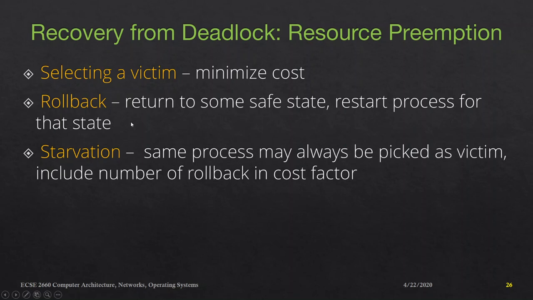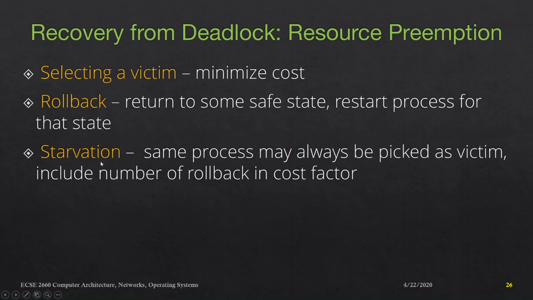Essentially, say we wanted R1, we got R1, we wanted R2, we got R2, and once we got R2, we went into this deadlock state. We are going to roll back to the previous safe state and then restart the process. So that's the second way to do this.